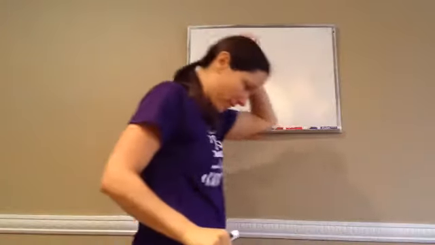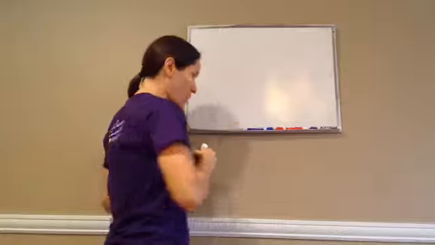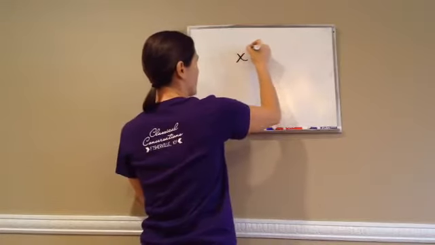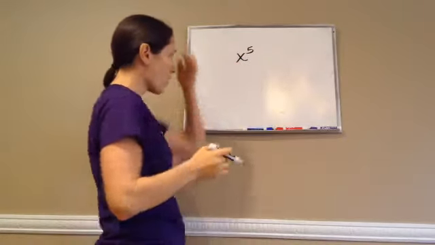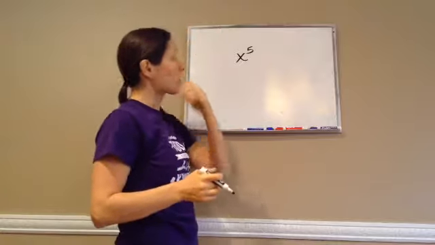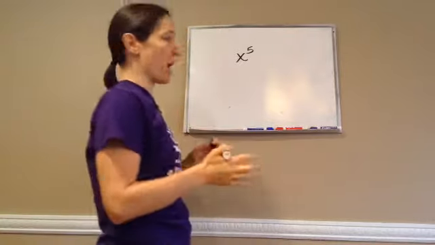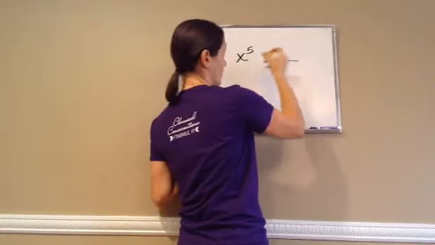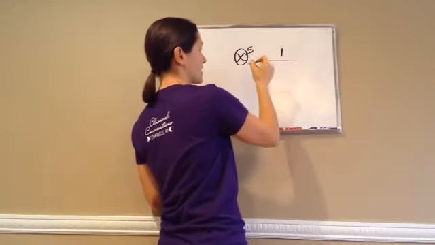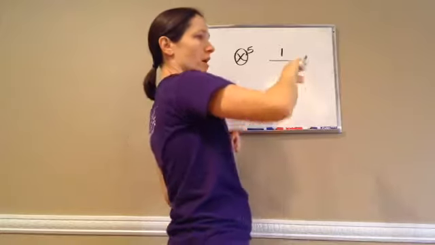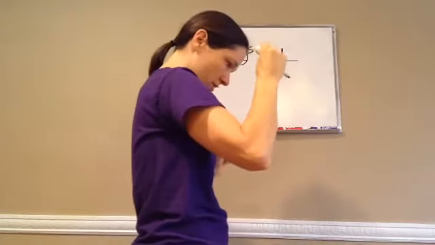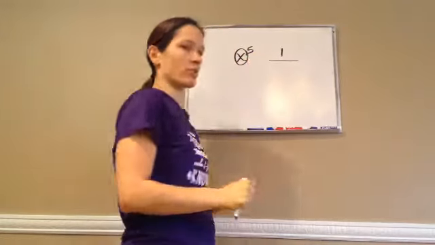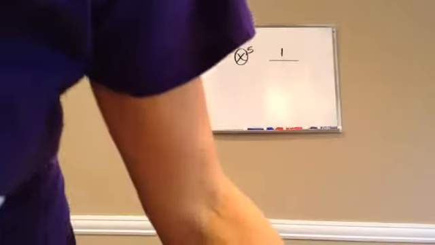So far we have learned that if something is x to the fifth and I want it to become a negative 5, do you remember what we would do? You could do the 1 over. You basically change x to its reciprocal.